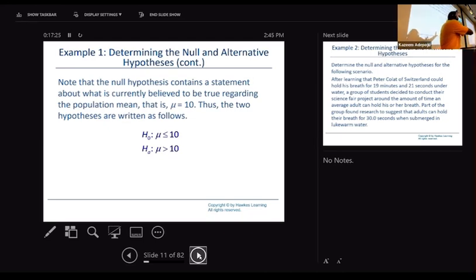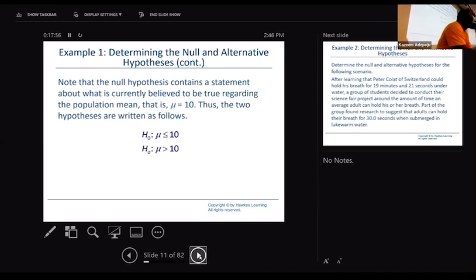What we're just doing now is specifying. But what I just said is that your claim can be at the alternative, or the claim can also be in the null hypothesis. Based on this question, because the director said students spend more than 10 hours, where is our claim? The claim is going to be at the alternative because we know that the alternative has a greater than sign. Does that make sense?